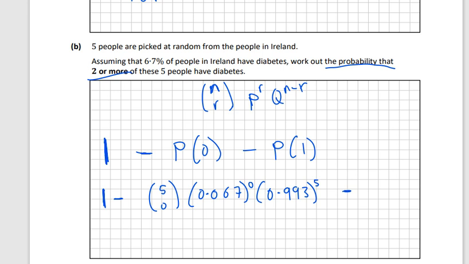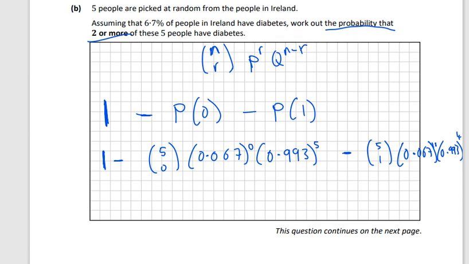And then we're also going to take away 5 choose 1, filling it in the same as we did, 0.993 to the power of 5 minus 1, that's 4. And then we can go to the calculator. You might have to work some of those out separately. It's 0.0392.